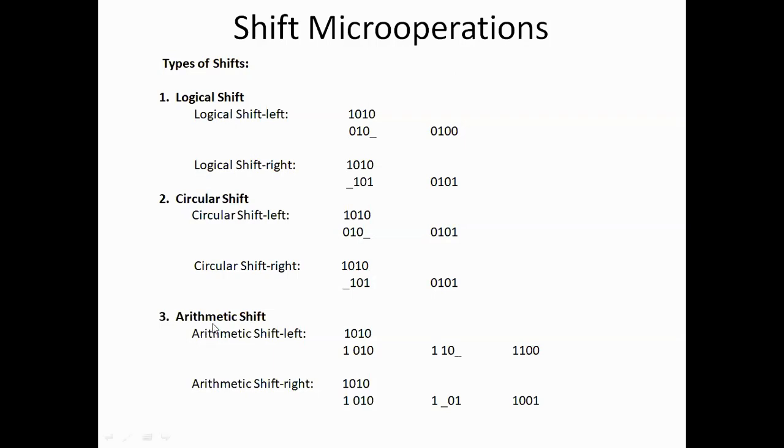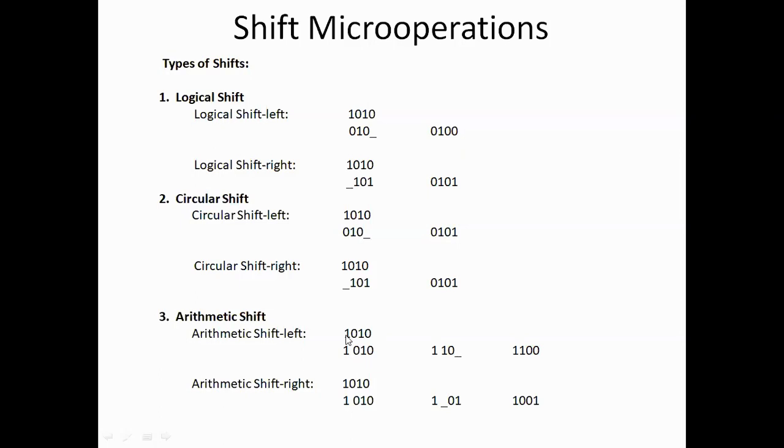The third category is arithmetic shift. Arithmetic shift is done on numbers which have a sign bit, signed numbers. So if I have to do arithmetic shift left, say I have a number 1010. Since this is a signed number, this 1 is the sign bit, and the magnitude is represented by these three bits.